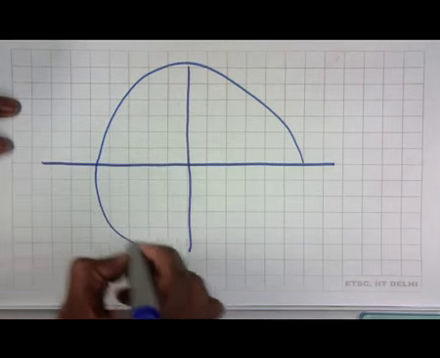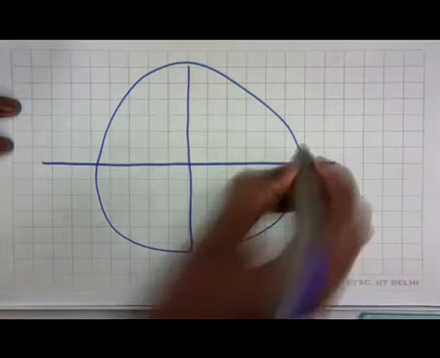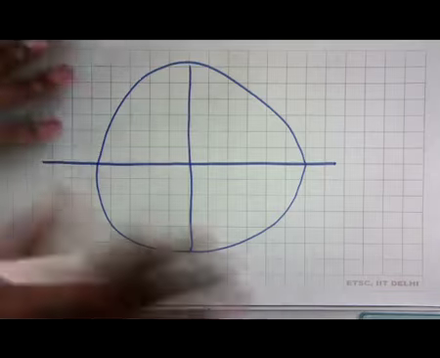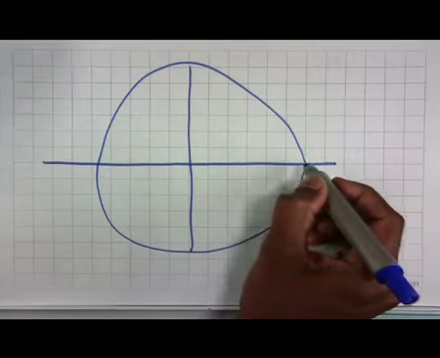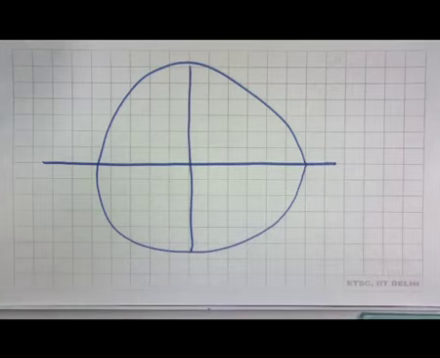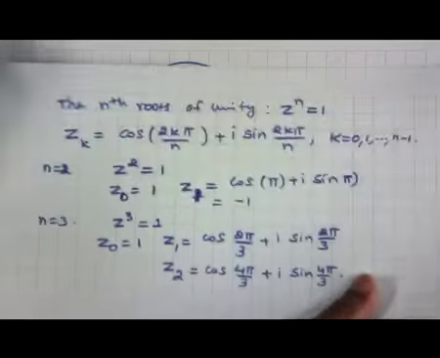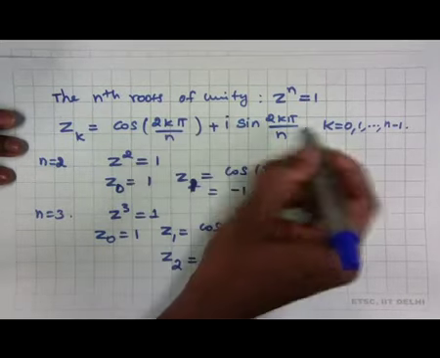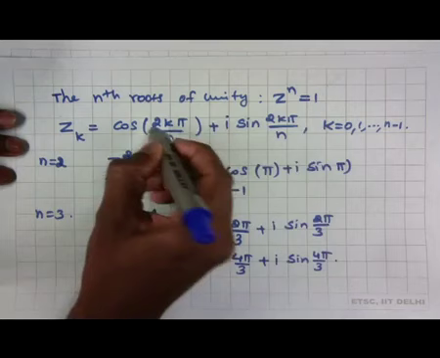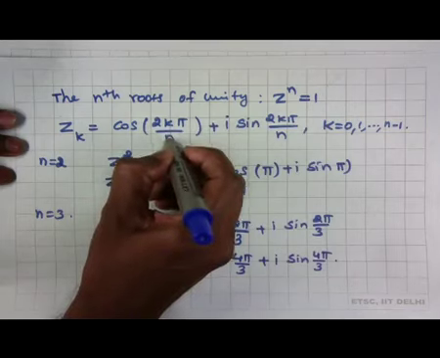drawing circle is really difficult for me. Okay, just assume, imagine that we have this bigger circle. Now what we observed is, when we calculate the nth root of unity, take k equal to 1, then it is 2 pi by n.